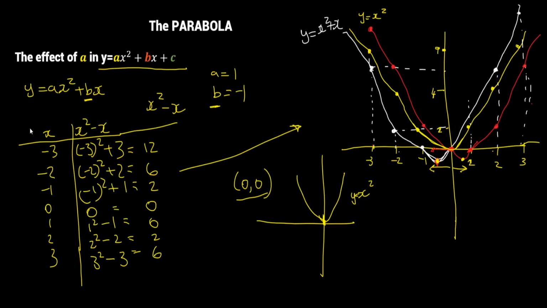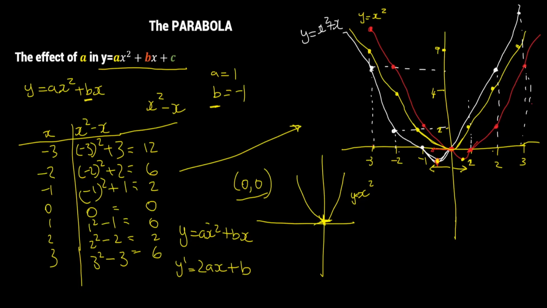So how do we get the value of the turning point now? We can calculate the value of the turning point using the gradient. From the formula, we have y equal to ax squared plus bx, and we can find the gradient of this using a derivative. So we're going to have y dash is equal to 2ax plus b. And the gradient at the turning point is equal to 0.